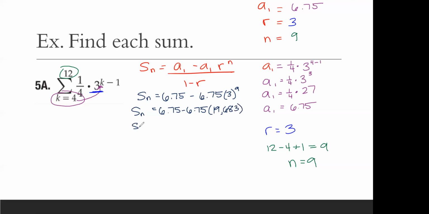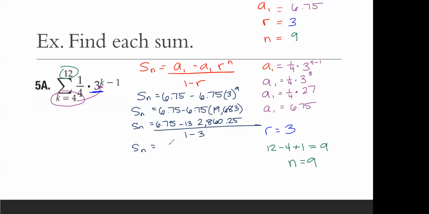And we end up multiplying 6.75 by 19,683, and we end up getting 132,860.25. Again, you should be doing all this in your calculator. Oh, and I forgot, we're supposed to be dividing by 1 minus r, which is 3.